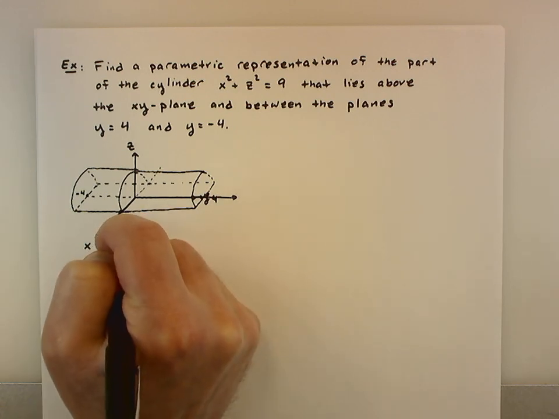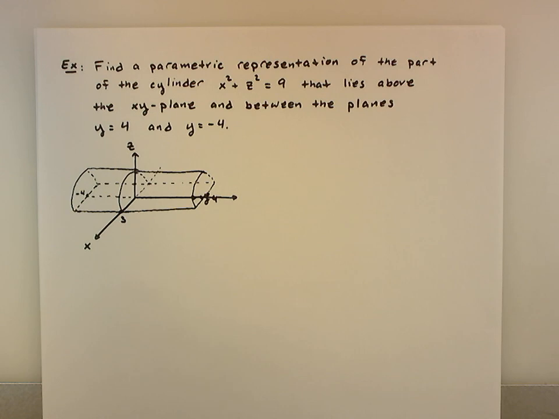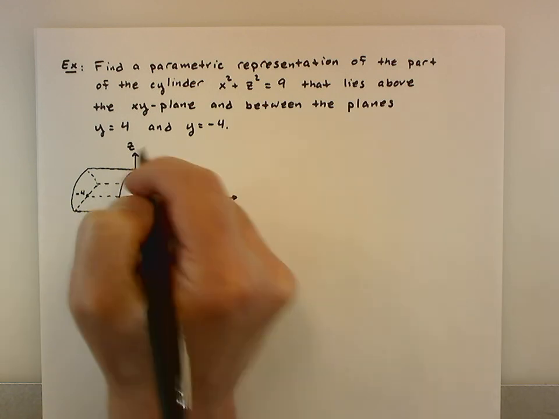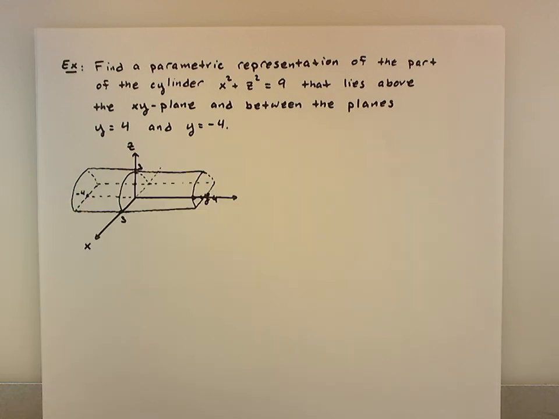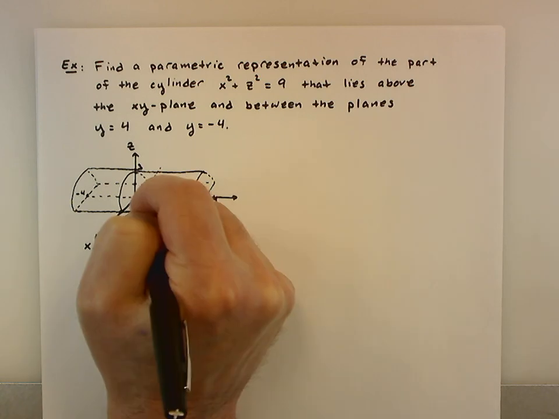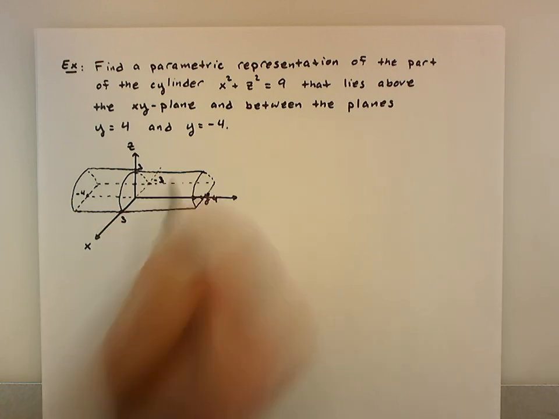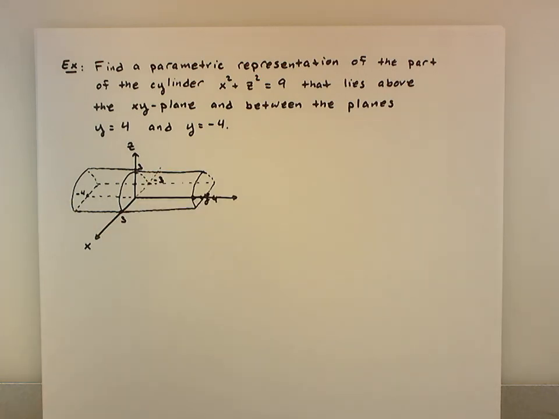This point on the x-axis is 3. This point up on the z-axis is 3. This point is negative 3 if I go in the x direction on the negative side. So y is the free variable between negative 4 and positive 4.